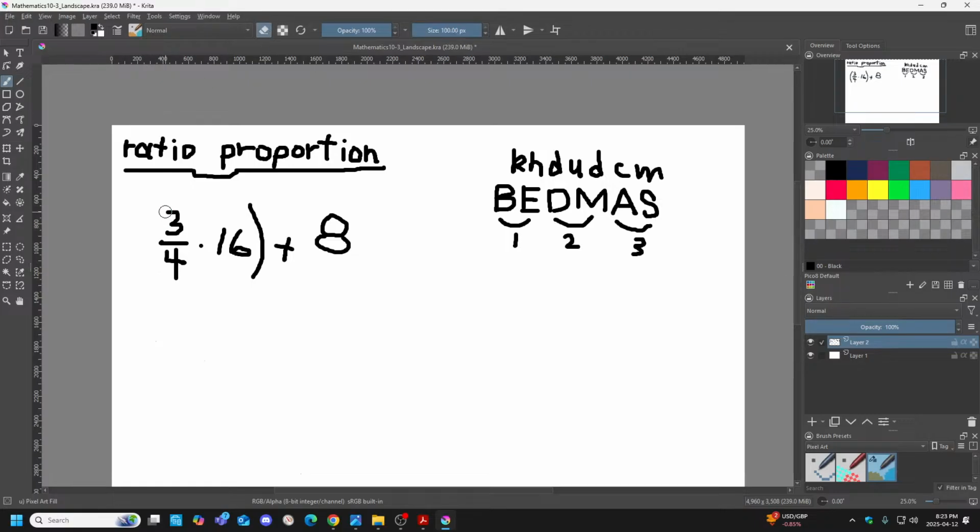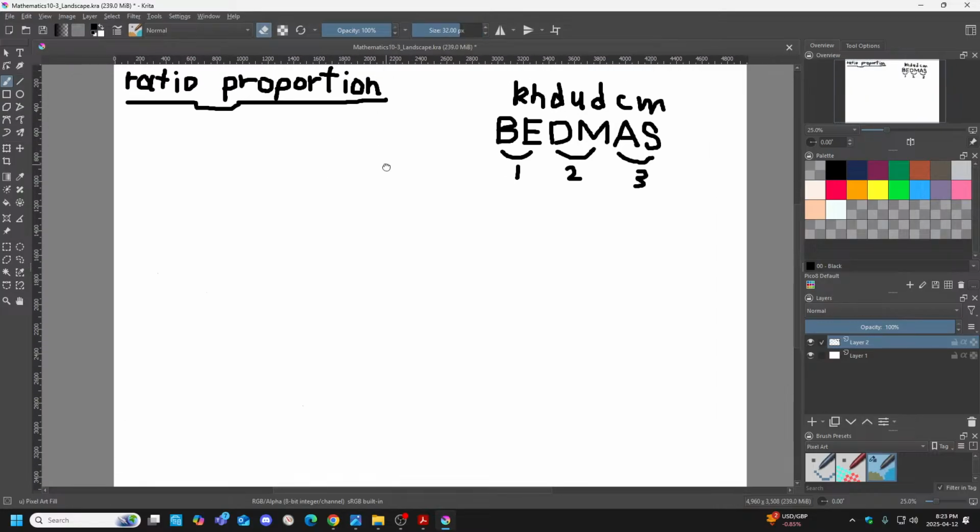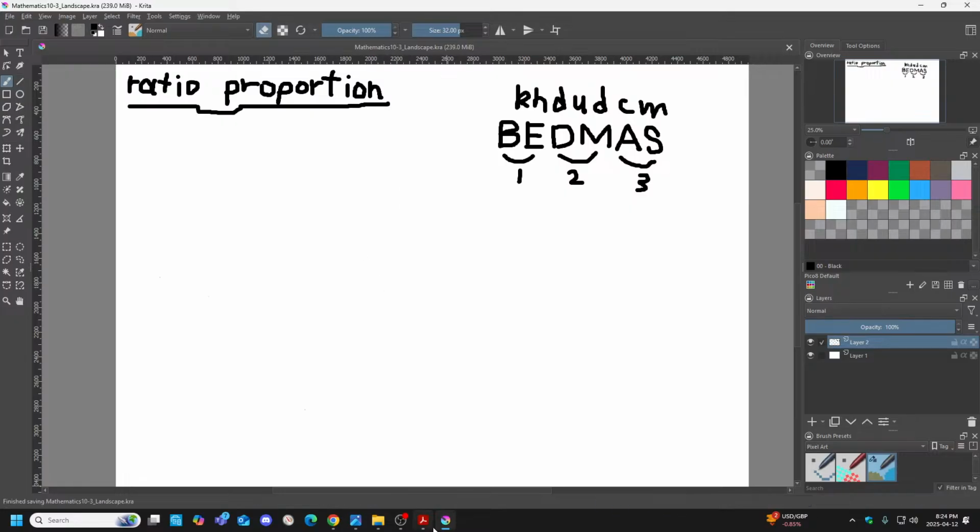I just make my eraser bigger so that I know that I'm going to get rid of all this. Using the eraser because I want to keep the bed mass stuff there for you guys. Okay, and 32. There we go. Okay. All right, let's continue.